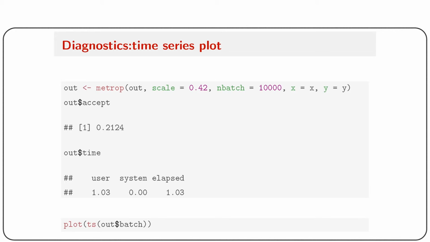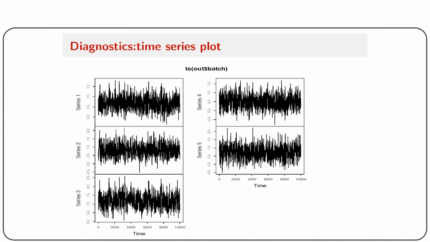And then we'll plot out dollar batch; that particular object stores all the sampling data for all the parameters for this particular model. So if you just pass it through plot.ts of out dollar batch, it will give you a time series plot of all 5 parameters' samples that were generated.